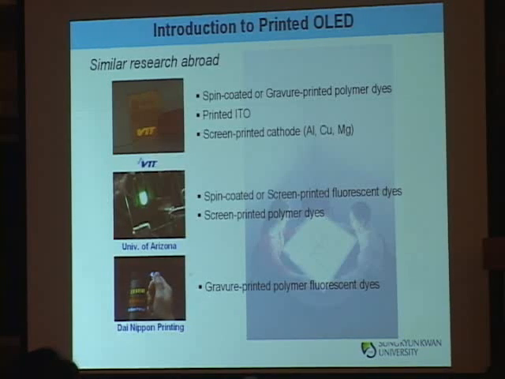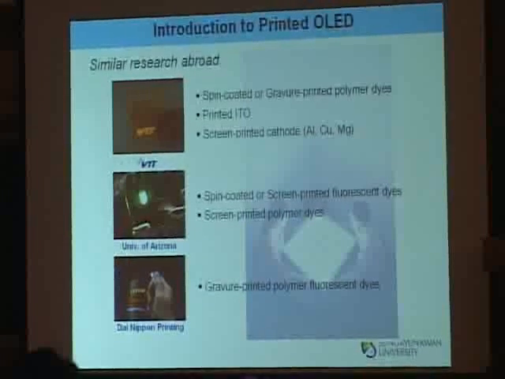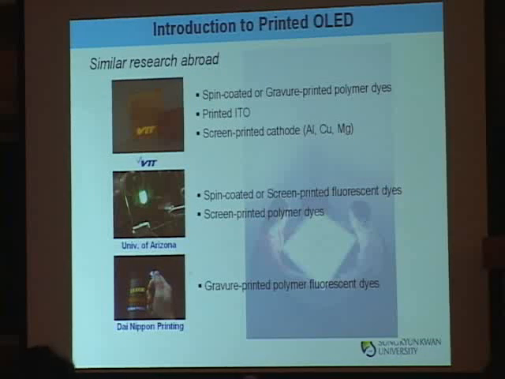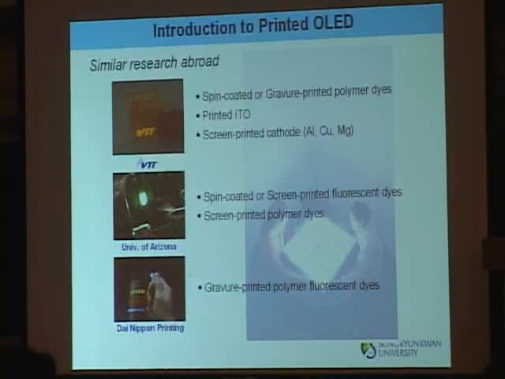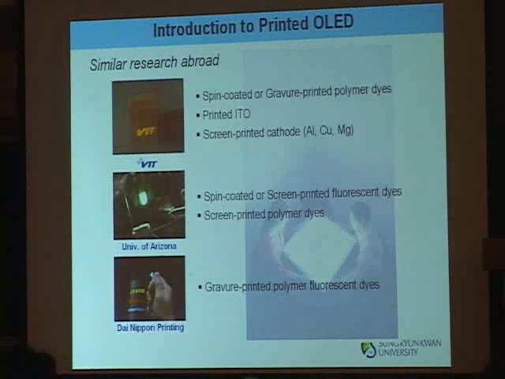And this is the picture of the device they made. Another group is University of Arizona. They use spin coating of small molecule dyes, and also they work on polymer dyes. And in Japan, there is a company named Dai Nippon Printing. They are using gravure printing for polymer OLED.